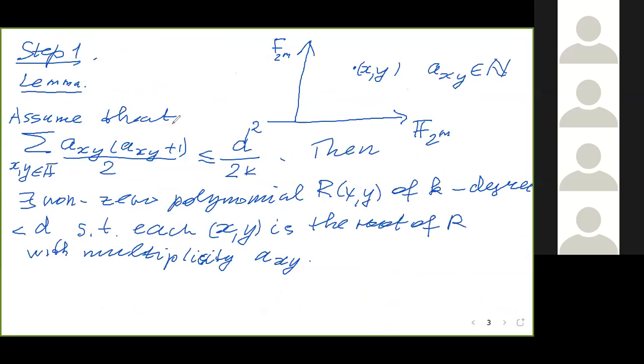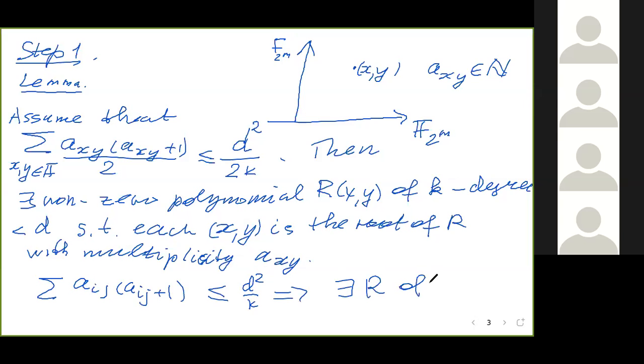If the sum of Aij times Aij plus 1 is less than or equal to d squared over k, then we know that there is such an R of degree k. And we just set d to be the square root of k times this.